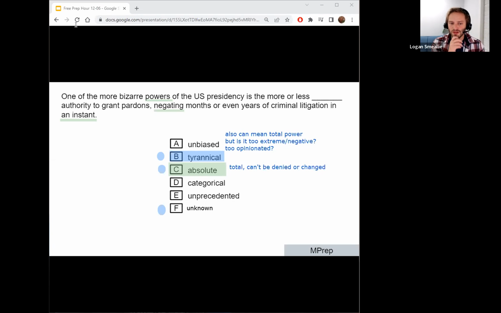I'm not sure what that would mean here. Unknown authority could possibly mean like no one else has this authority, but it reads to me almost like that people don't know about it in a more literal sense, and it also doesn't feel like a great match for absolute.